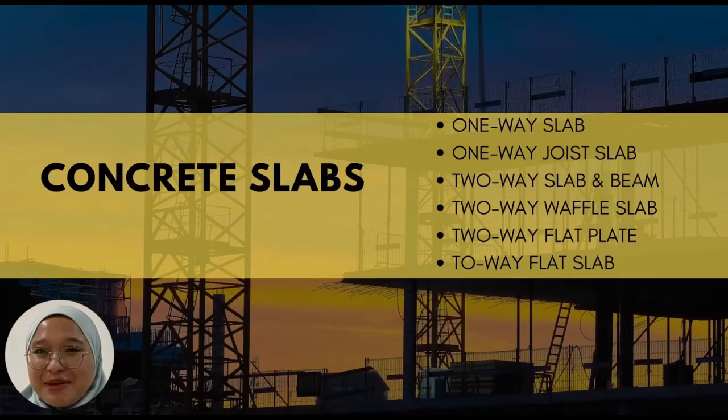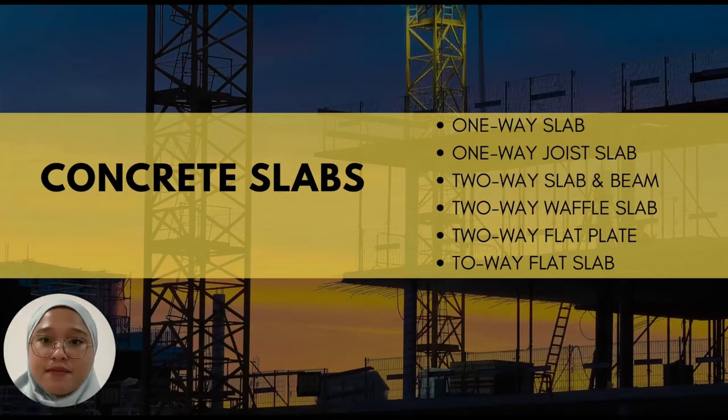Assalamualaikum warahmatullahi wabarakatuh, my name is Farah and I'll be presenting about concrete slab. There are 6 types of concrete slab: one-way slab, one-way joist slab, two-way slab and beam, two-way waffle slab, two-way flat plate, and two-way flat slab.